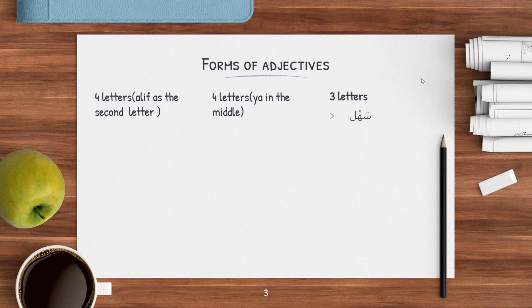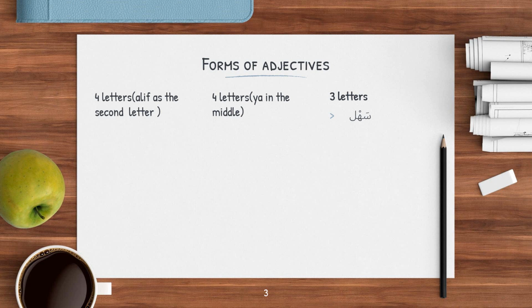Let's work on the first group, which is the 3 letters. We have سهل, and you probably noticed that we have sukun in the middle. Most of the adjectives in this group will have sukun in the middle.